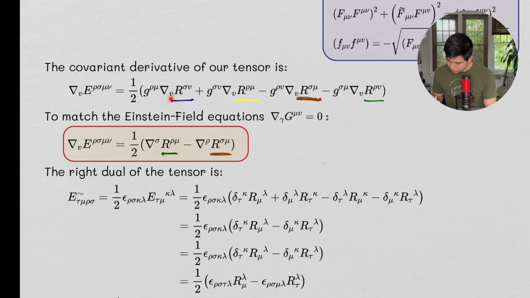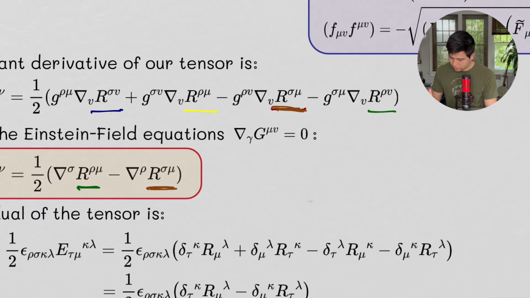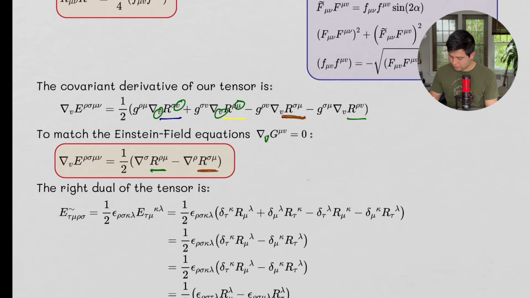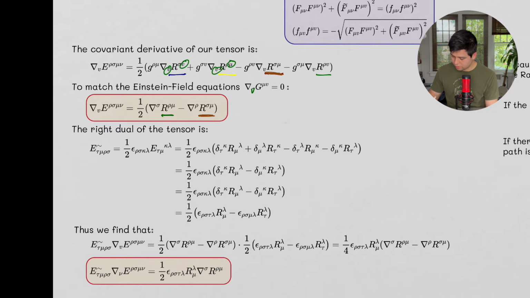Oh, this is why, because this has to go to 0 and this has to go to 0 because of this. So this should actually be nu. So this term and this term, because we found this earlier with the divergence of our Einstein tensor, these two therefore have to go to 0 because of this relationship.